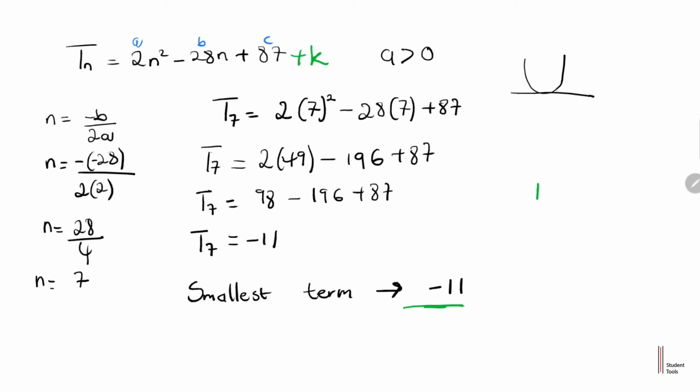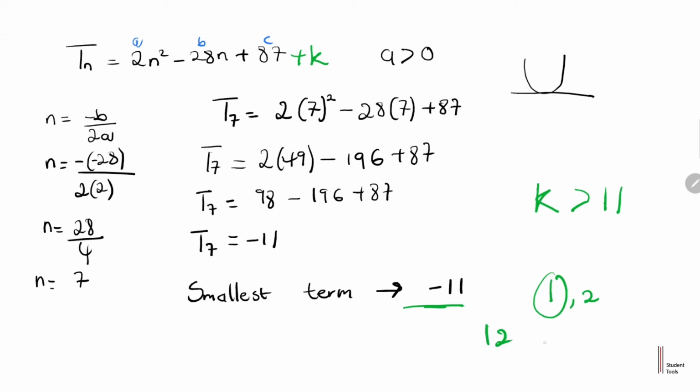So that means k should be greater than 11. So at least the smallest term would be 1 or 2. Let's say maybe k is equal to 12. When you add negative 11 and 12, the smallest term will be 1.